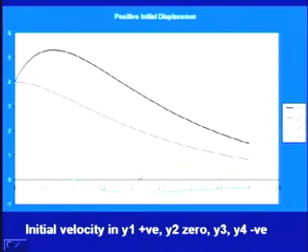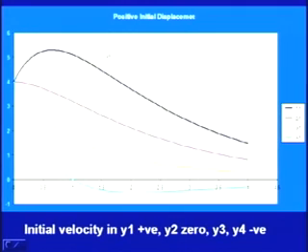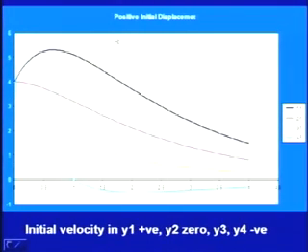Here I have taken some values of c, m and k such that c square minus 4mk is positive, and the initial condition I have taken is y at 0 is 4, that is a positive initial displacement. Then we have another initial condition governing y dash.